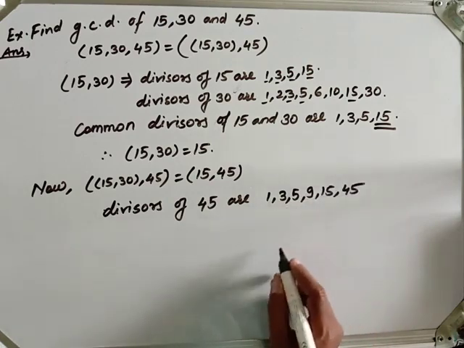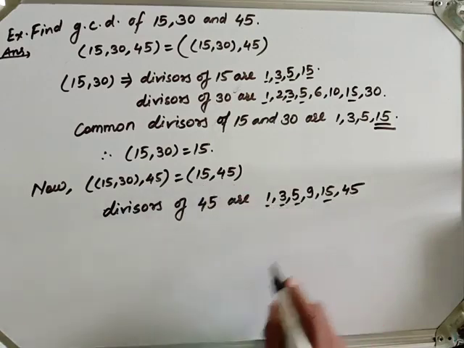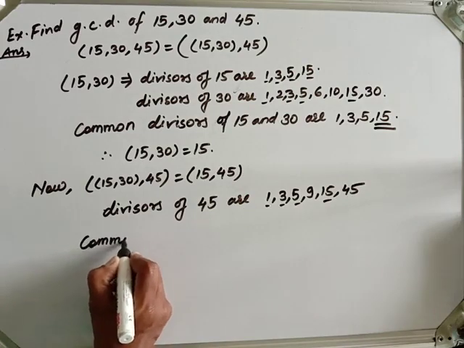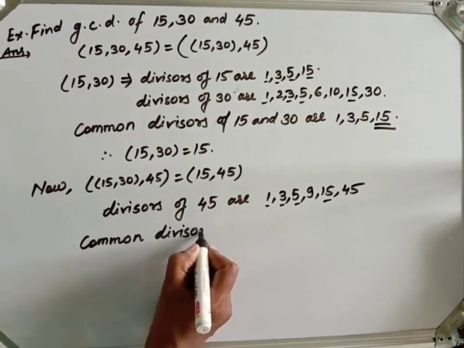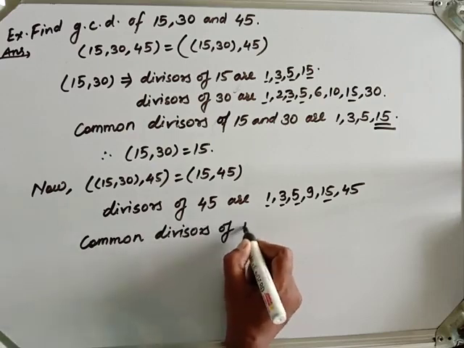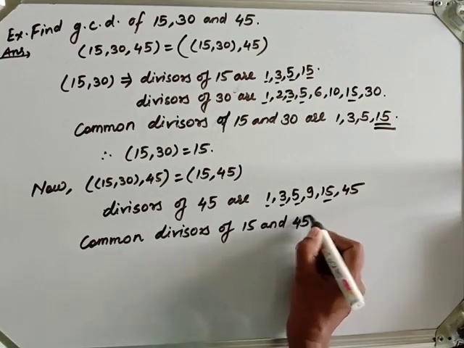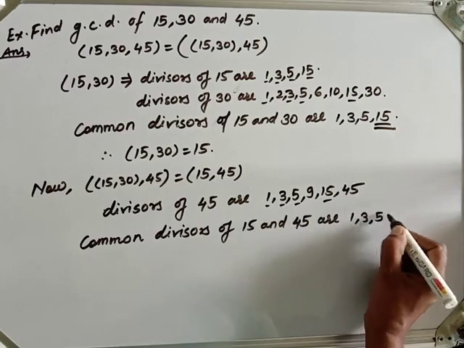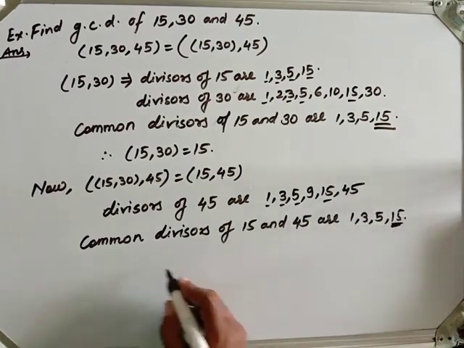Again, what are the common divisors of 15 and 45? Again 1, 3, 5 and 15. Look at it carefully. The greatest is again 15.